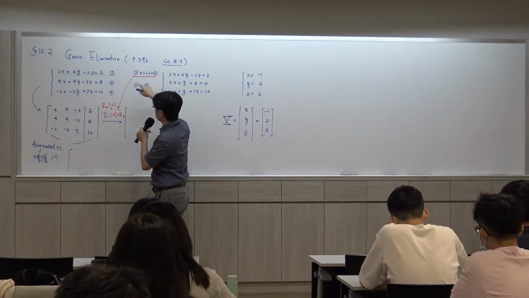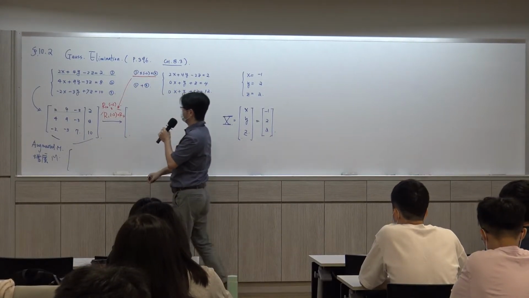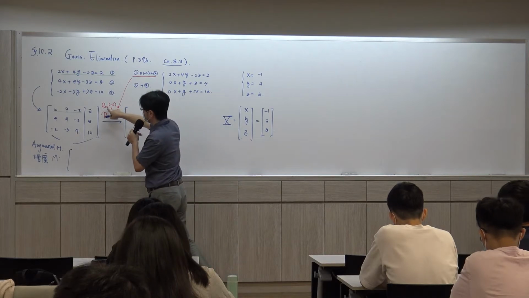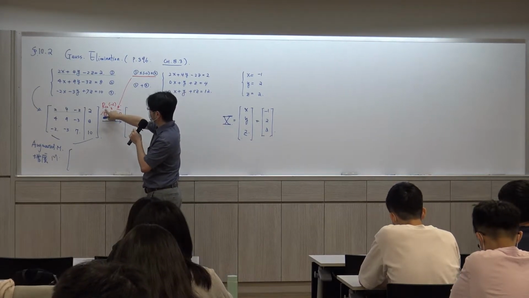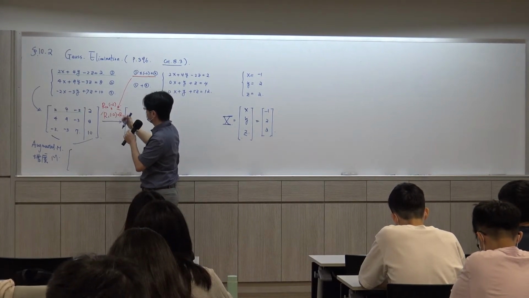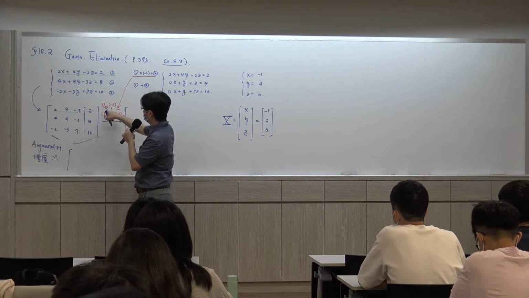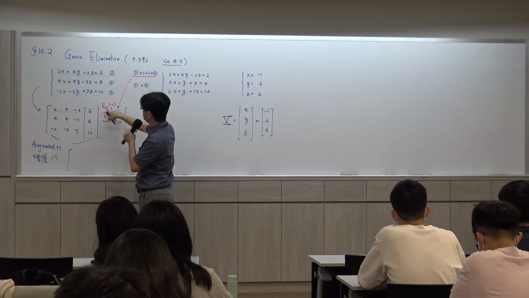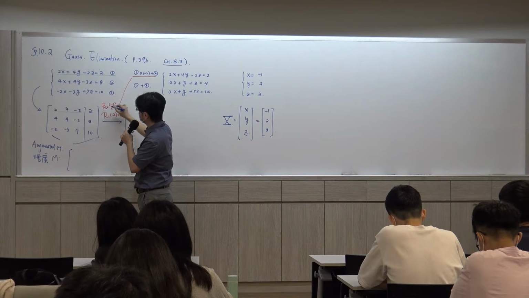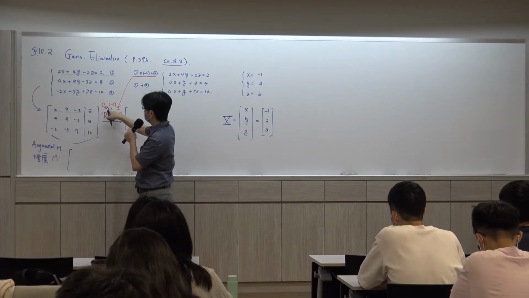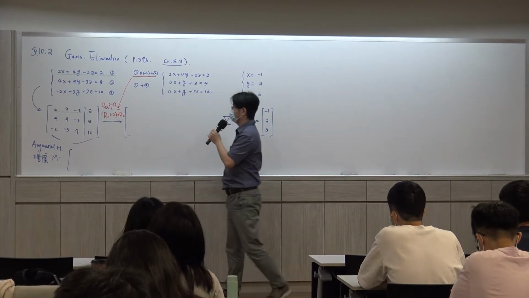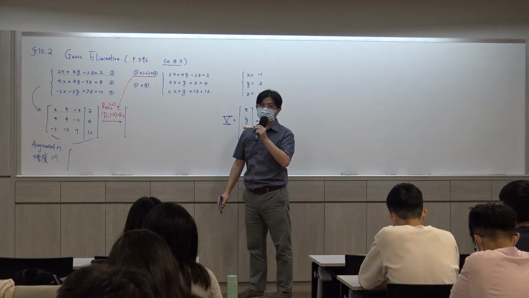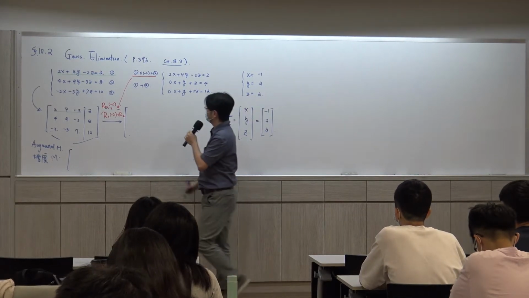The second row is equation number 2, right? So you can use this description: the first row times -2 plus the second row. Those are the two representative descriptions.